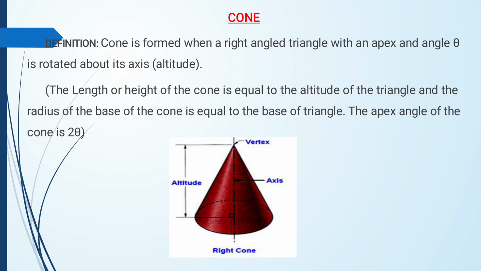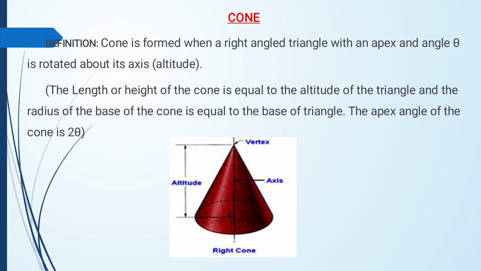You have to assume that. You assume each and every single degree point as a new generating line. Those new generating lines up to 360 degrees you consider as a cone. This is how the cone can be developed.